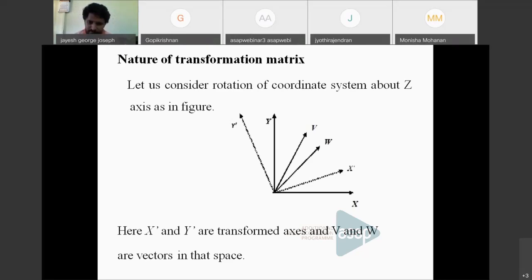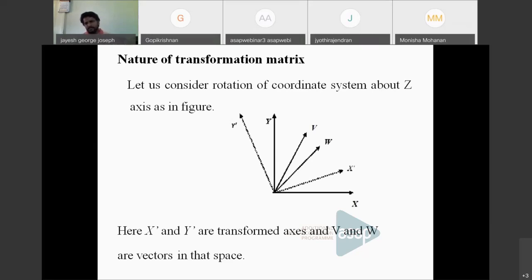Passive and active transformation. Passive active transformation means the transformation of a system. That is active transformation. Passive transformation is of a system of coordinates. So if we are transforming the coordinate, that is termed passive transformation.